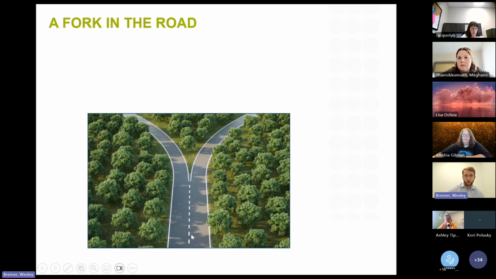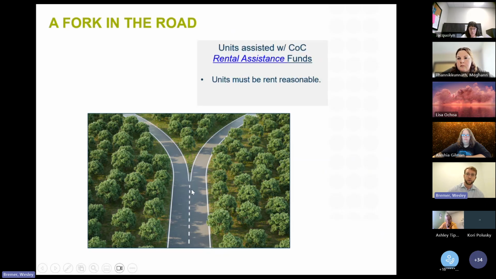So far, we've all been traveling down this road together, and now we've hit a fork in the road. Okay? Most of us are going to veer off to the right. The bulk of the sub-awards, the sub-recipient awards in the balance of state, are funded through rental assistance funds. We're talking CoC here. Let's disregard ESG and HOPWA.